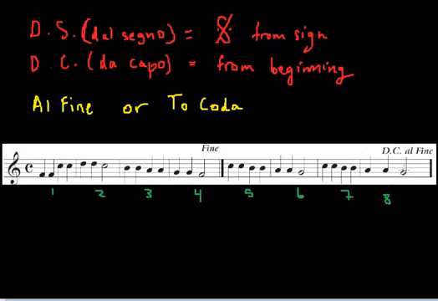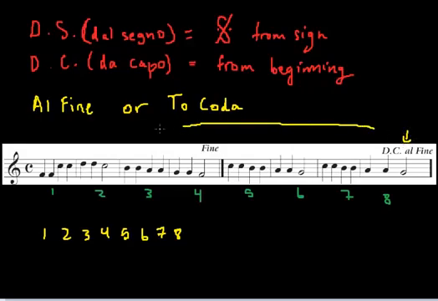Now we have these symbols, DC al fine, and that is telling us to basically go back to the start and play until fine. So the order would be 1, 2, 3, 4, nothing yet, 5, 6, 7, 8. We have something here now, so this is going to tell us to go all the way back here and play until here. So that would be 1, 2, 3, and 4. So this is how that section would be played.